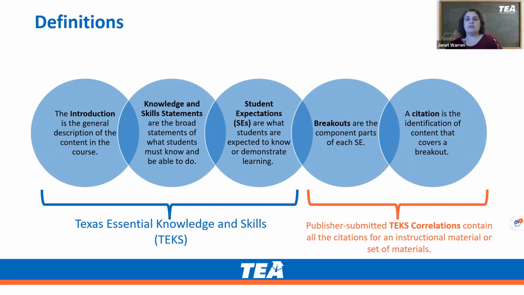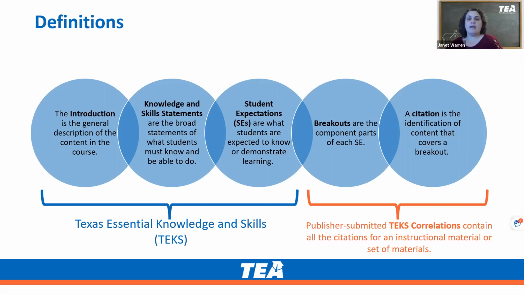And then TEA creates breakouts to determine alignment to the student expectations in instructional materials. The breakouts are the component parts of each student expectation, and the breakouts are used to determine coverage of a student expectation.